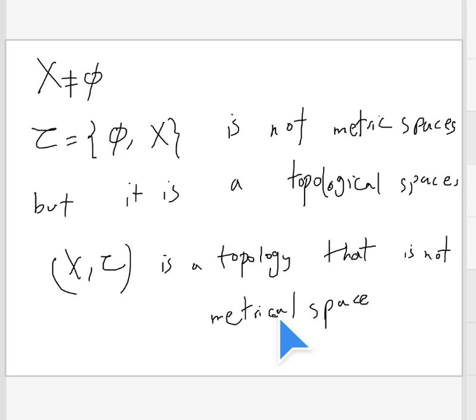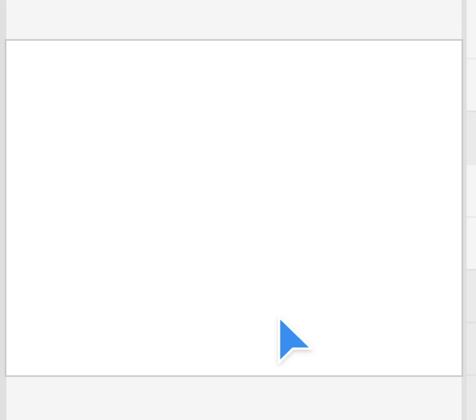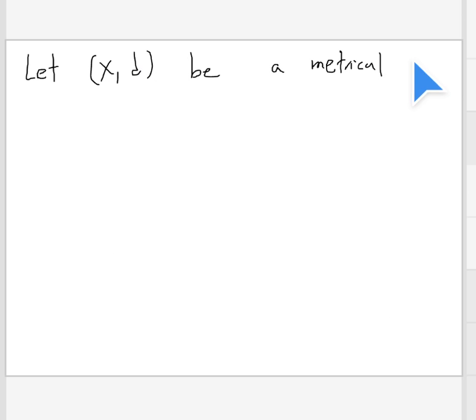Okay, this is very simple. Let (X, d) be a metric space.